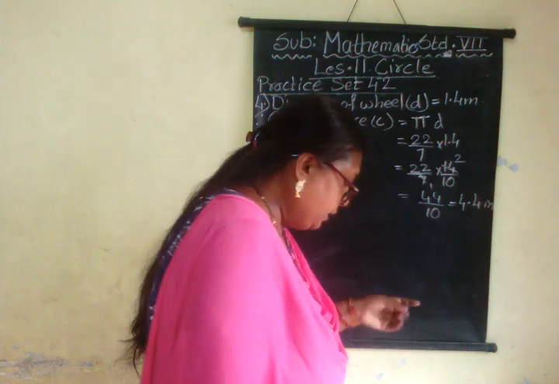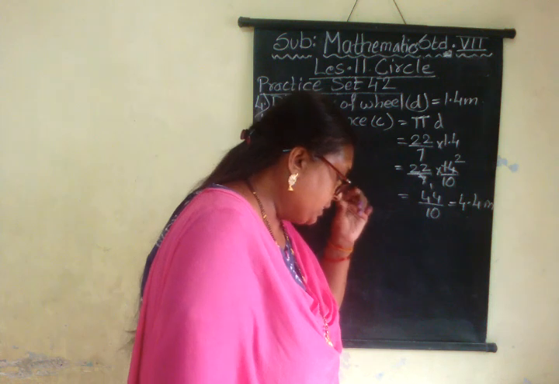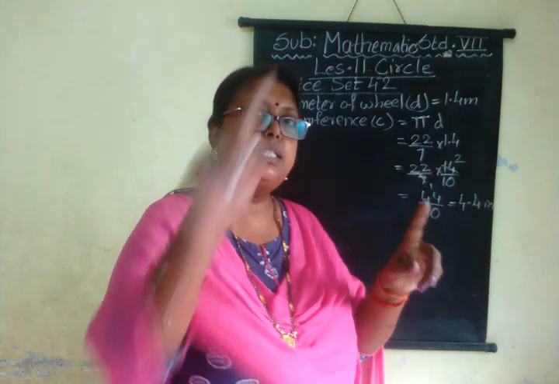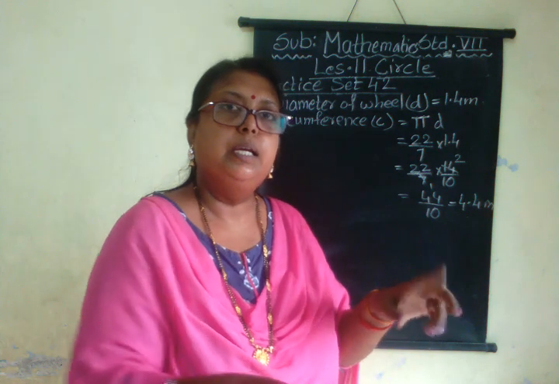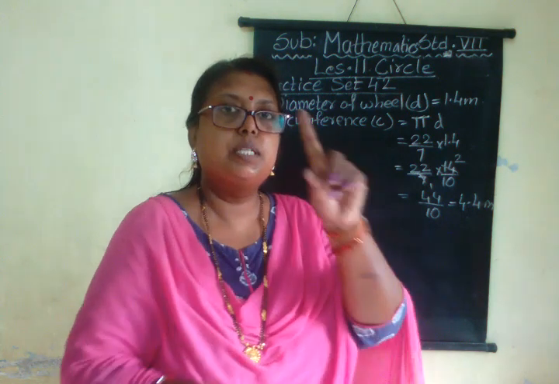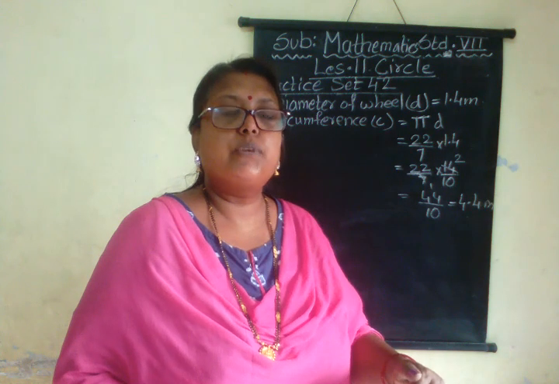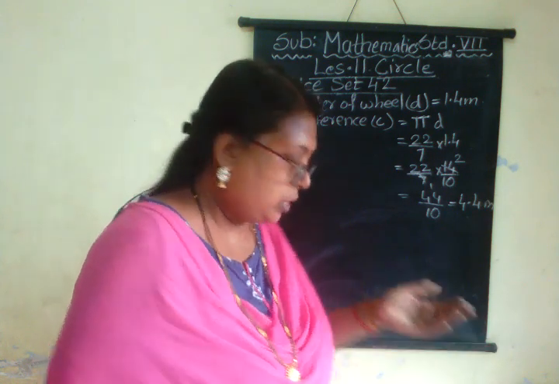Now what is to be done? Now distance covered we have to find. So distance covered in one rotation is the circumference of the wheel. Means one time the wheel rotates, the complete one circumference is one rotation. So the distance upon the circumference will give us the number of rotations.